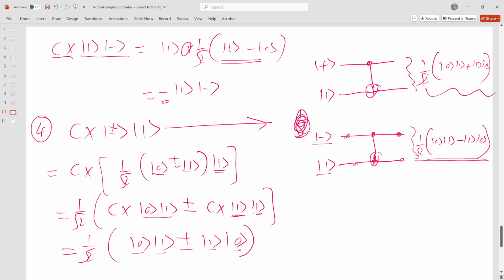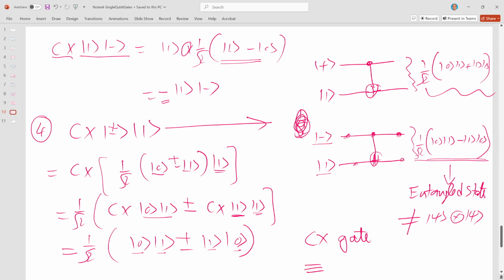So these states are called entangled states, because they cannot be written as a product state of one qubit and the state of the other qubit. And therefore this CX gate is sometimes called an entangling gate.